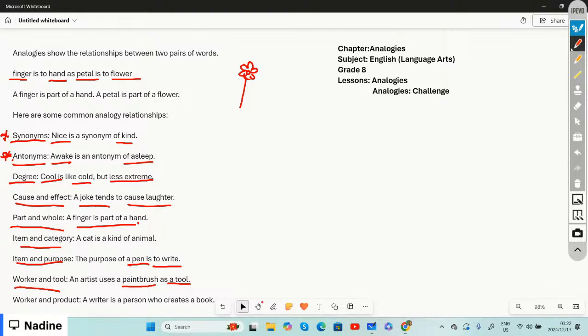And then lastly, we have worker and product. Worker and product, it says a writer is a person who creates a book. So somebody who creates a book is who? It's a writer, it's an author.